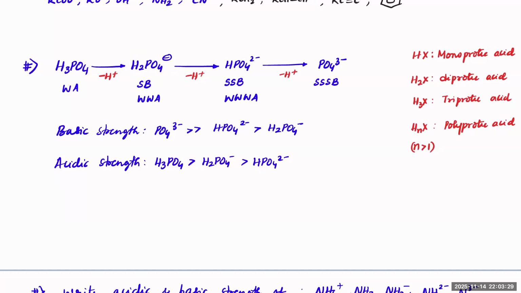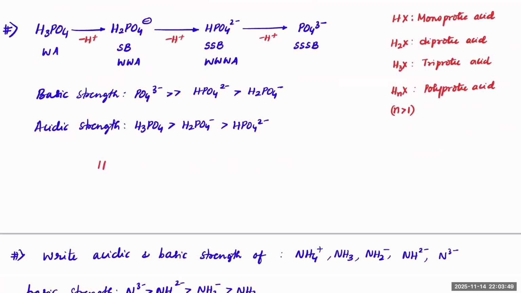But at the same time, this strong base also still holds a lot of protons on it. That means it can still act like an acid, correct? But releasing H plus from here becomes very difficult. Why? Imagine like this. H2PO4 minus is there and you are trying to release one H plus out of it.